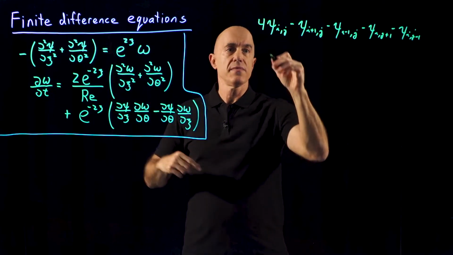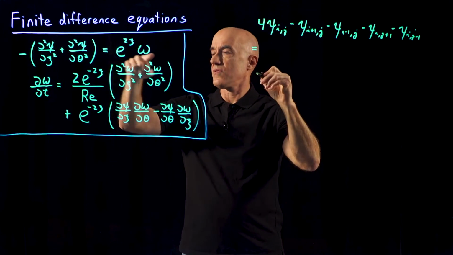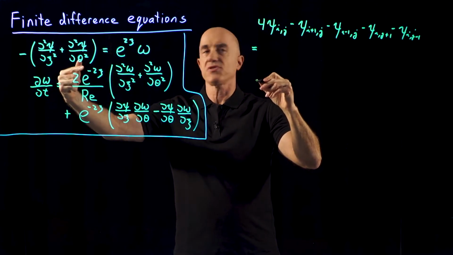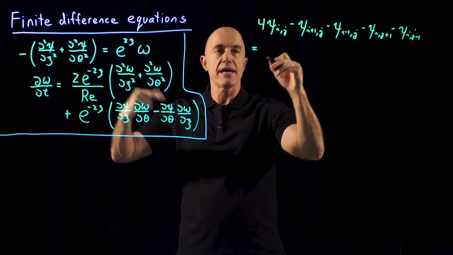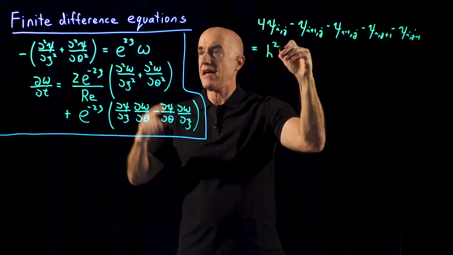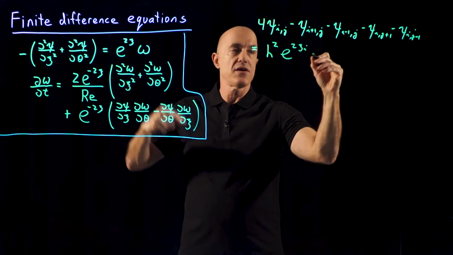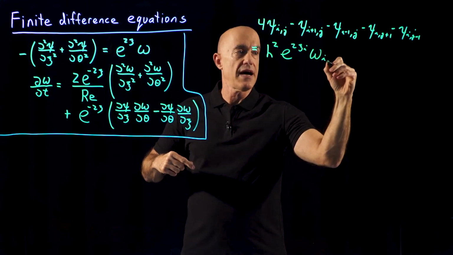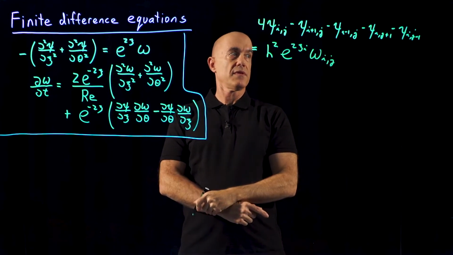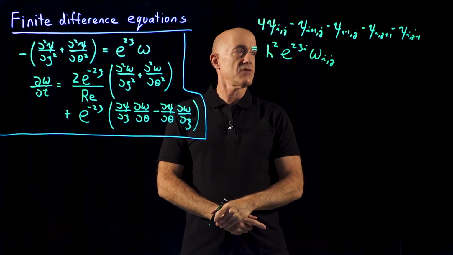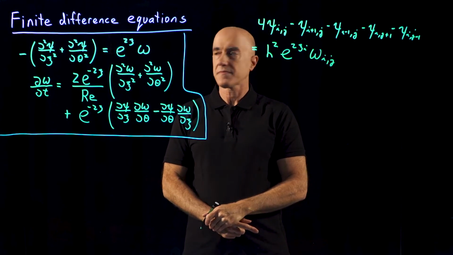That's this term, and that's equal to the right-hand side. This term also has a division by h squared, so we multiply through by h squared. So we have an h squared e to the 2 psi i, and then omega at the ij point. Okay? So that's the discretization of the stream function equation.